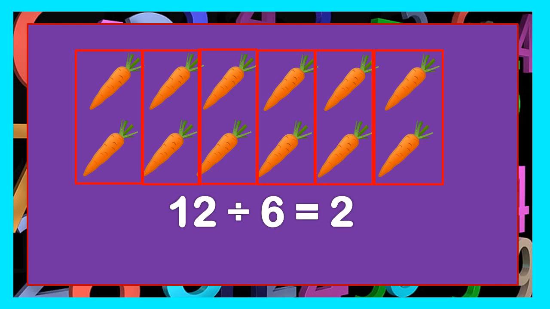Meron bang naiwang sobra sa ating paghahati? Walang naiwang sobra. So, nangangahulugan na ang 12 ay pwedeng hatiin sa 6 ng pantay-pantay na walang maiiwang tira o sobra. So, therefore, 12 is divisible by 6.